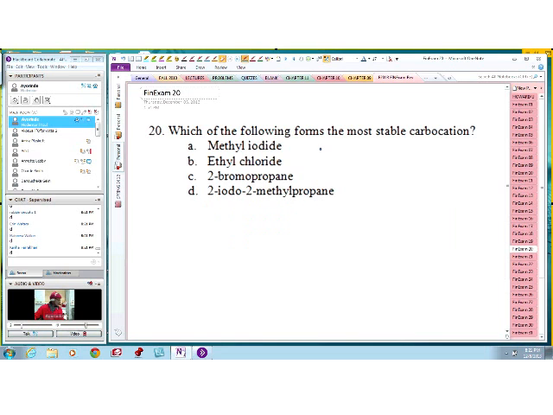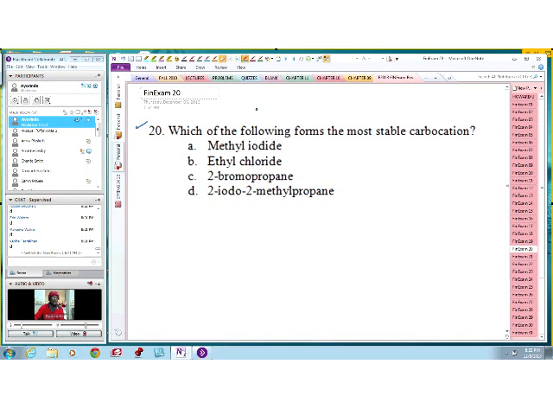Kiara Wallace, can you read this question for us? I think maybe Kiara is having a problem with her mic. Danuchik Gelin, can you read the question for us? Which of the following forms the most stable carbocation?